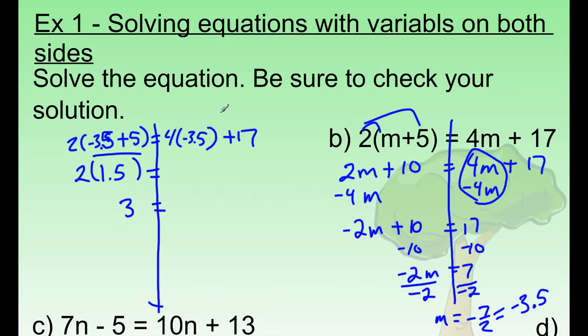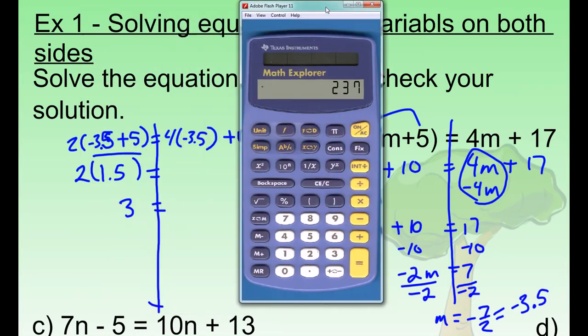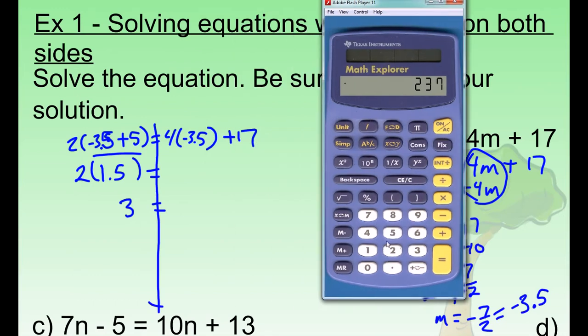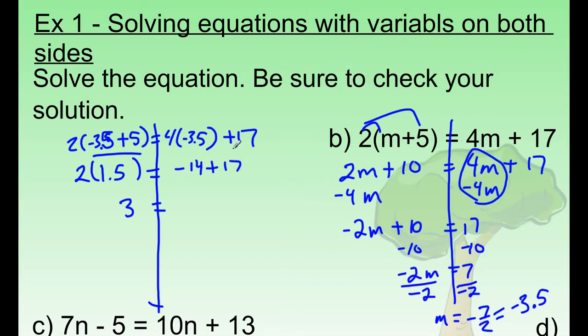Hopefully, this side is the same. 4 times negative 3.5 is going to be negative 14, I believe. There it is, negative 14. And then if you add 17 to that, you get the answer of 3.